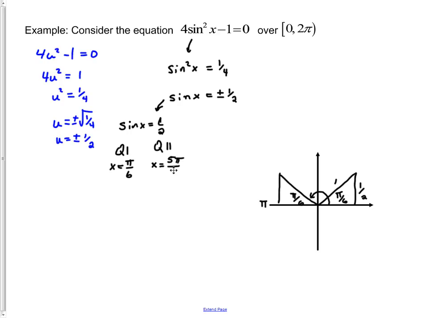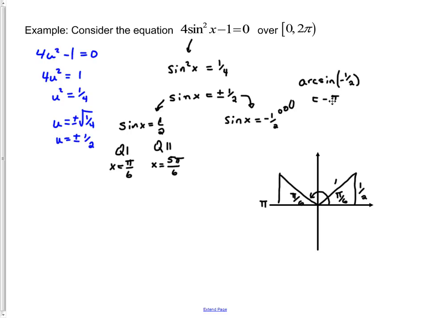So 5 pi over 6 was our other angle. But now we have a new value added to this one, and that is, where does sine of x equal negative 1/2? Now, the problem with sine of x equaling negative 1/2 is that we can't exactly use our arcsine function, because we know that if we take the arcsine of negative 1/2, we will get negative pi over 6.